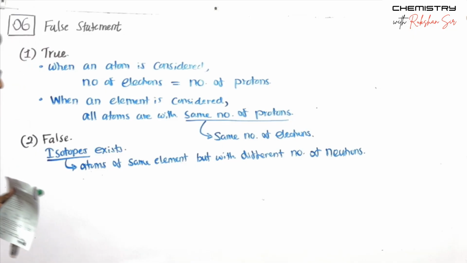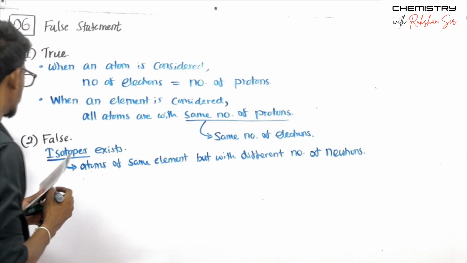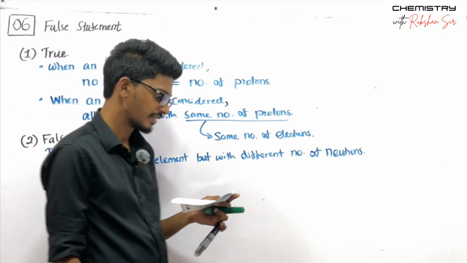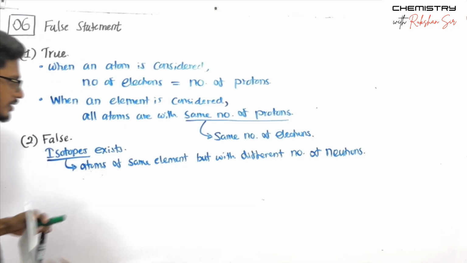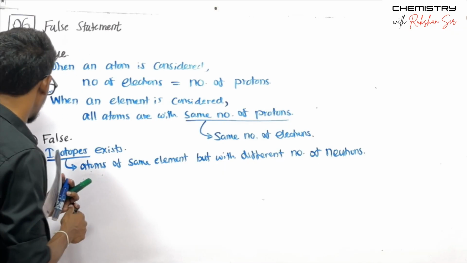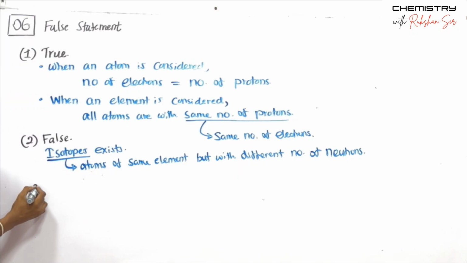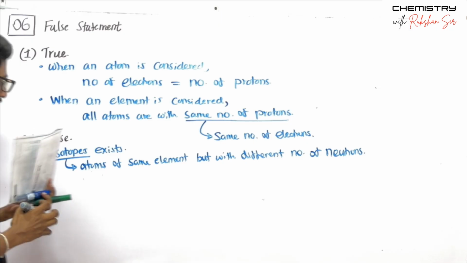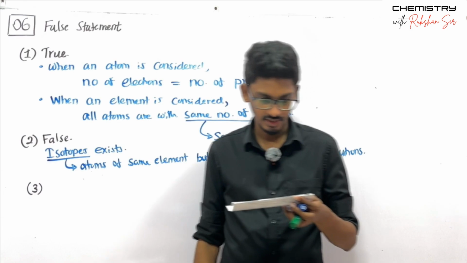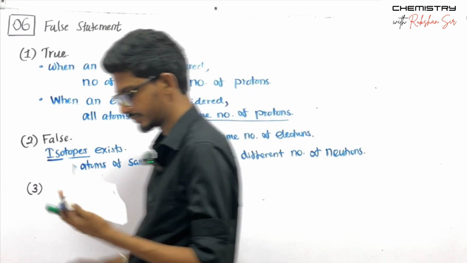Mass number differs because the number of neutrons differs. So the statement that every atom in an element has an equal number of neutrons is false, as isotopes exist. Statement 3: every atom in an element has an equal number of protons.